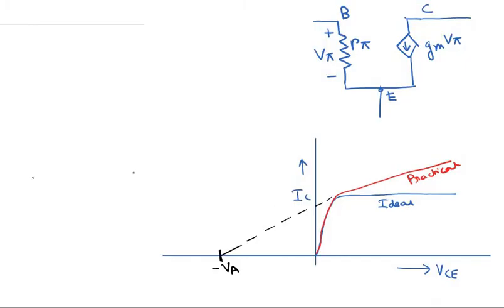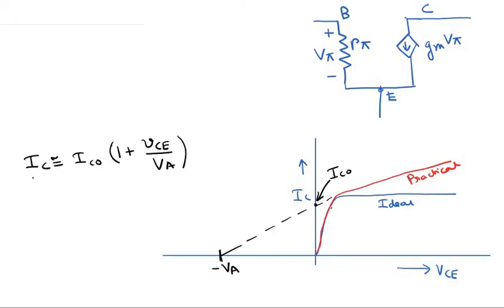So we just write the equation of the straight line. So IC is approximately equal to IC0 (1 plus VCE divided by VA), where IC0 is basically the point at which it intersects this vertical axis.